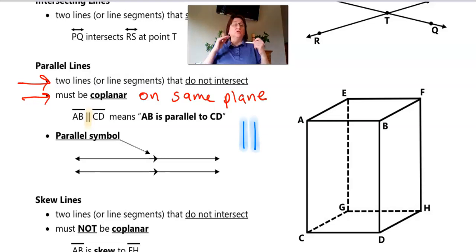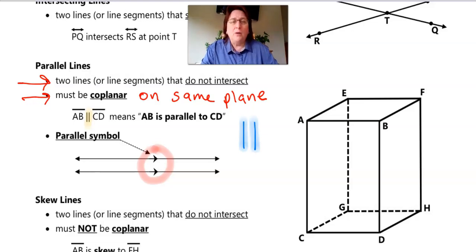When you're looking at a picture, what tells you that the lines are parallel are these arrows. Arrows are different than congruency marks. Arrows symbolize parallelism. They don't tell me whether or not the segments are congruent, just that they're parallel.